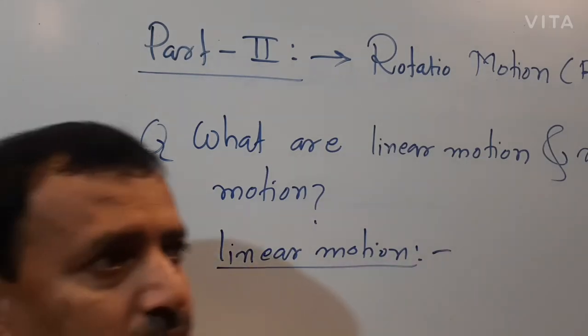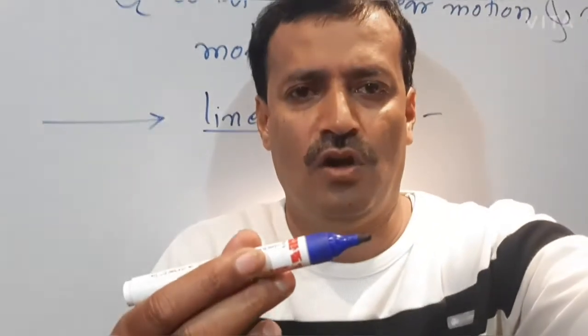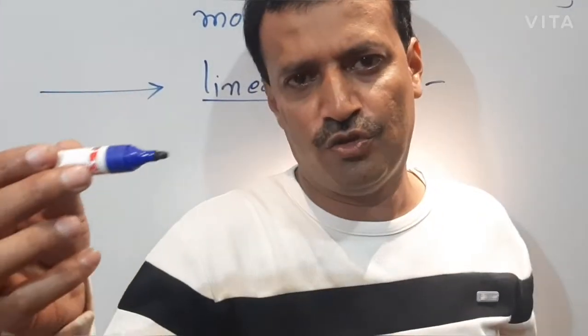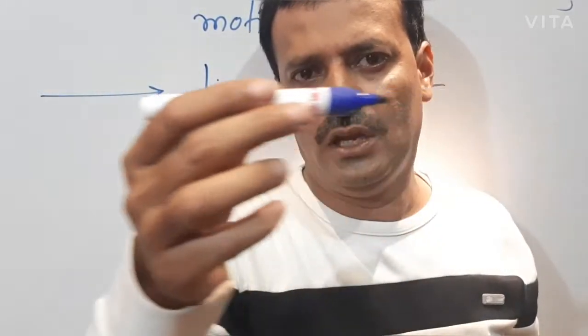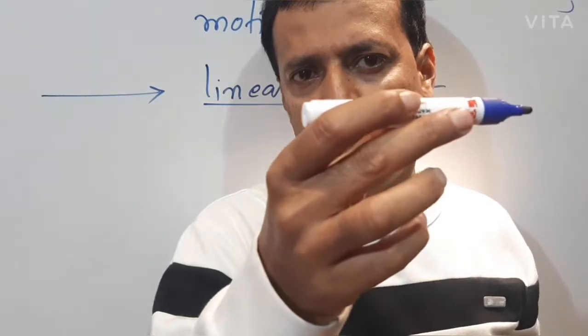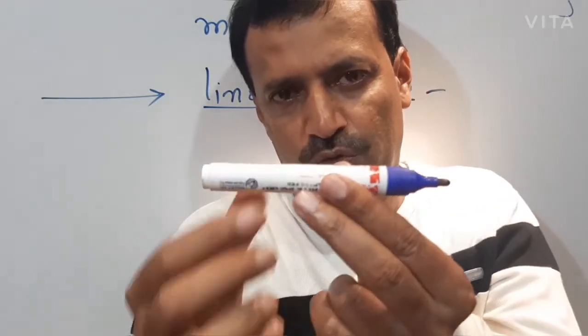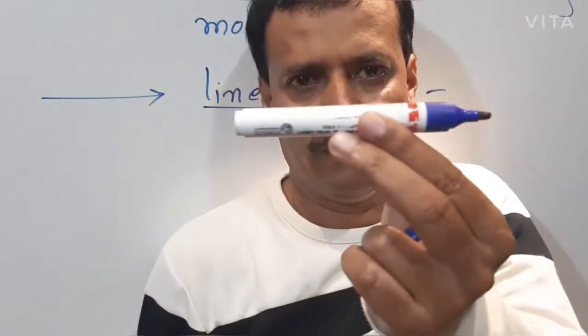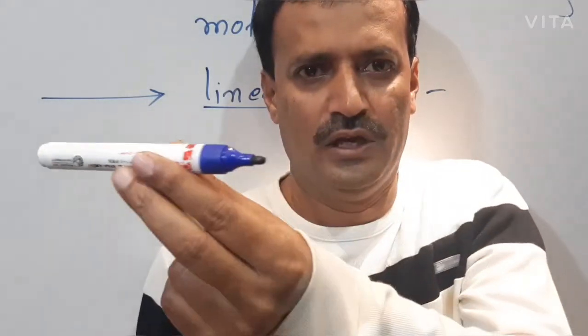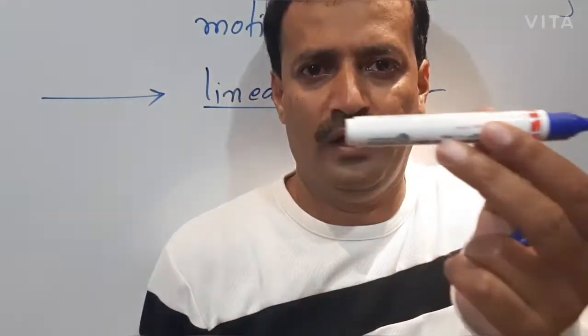Linear motion. Now the example of linear motion is shown here. This is a linear motion of a body. If you clearly observe this motion of the body, then it is very easy to define linear motion.